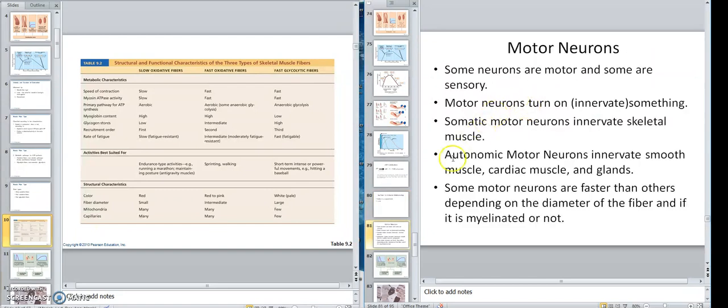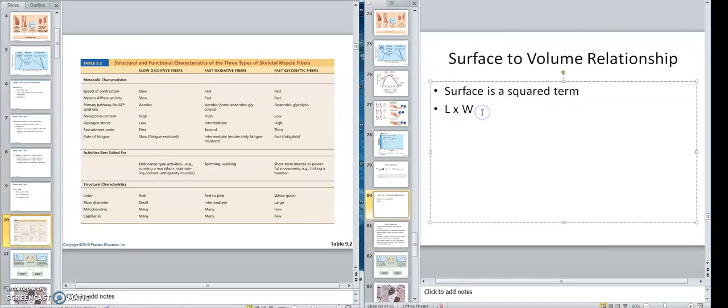That would then equal, let's theoretically say, x squared. Okay? What's volume? Volume equals length times width times depth, let's say. So it's a cube term. X cubed.